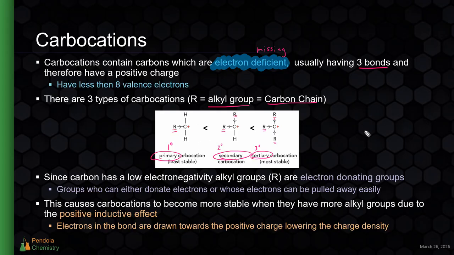So for a primary carbocation, we might have something like this. Actually, let me use a black screen for this. So for a primary carbocation, we might have something like C plus H2 C, let's say this. So this will be the carbocation of propane, because instead of having that hydrogen here at the end for propane, we'll have the positive ion.